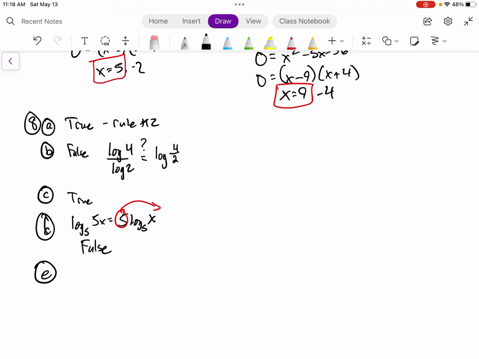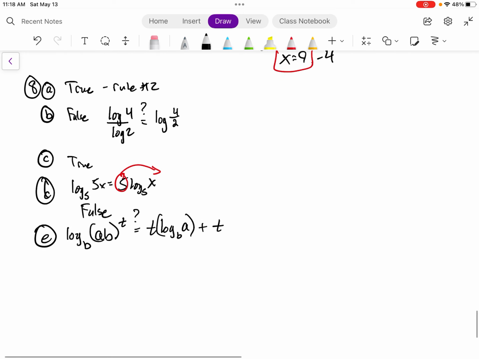And then my last friend. Log base b of ab to the t equals t log, we're saying, is this equal? Let's play around with this and see if it is.